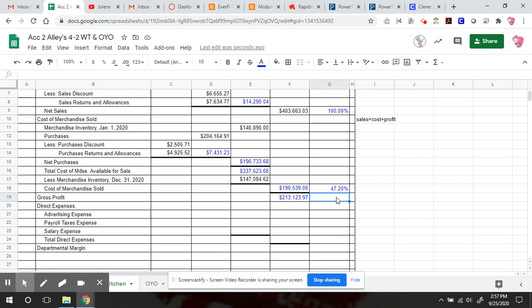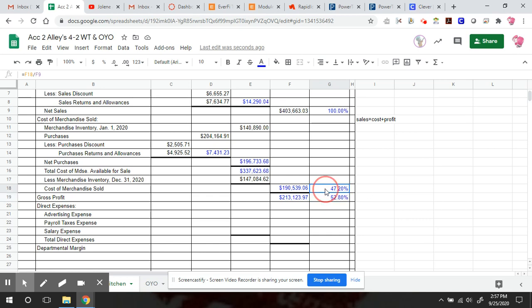So again, my numerator is the smaller number. Equals F19 divided by F9. Okay, so these two percentages: 47% of my sales, I have to pay back to the vendors. 52% of my sales stays in store so I can pay for stuff to keep the business going.